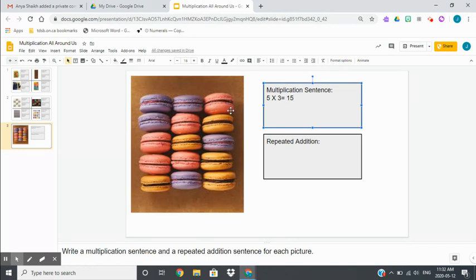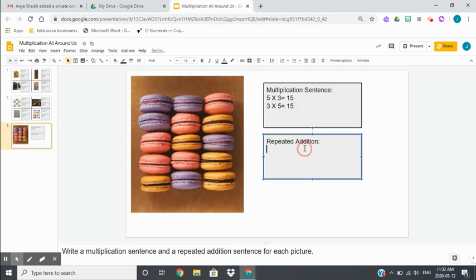I could also write it the other way, though. I could look at the columns and say we have 3 columns, and in each column there are 1, 2, 3, 4, 5 cookies, and so 3 groups of 5, or 3 columns of 5, would be 15. You can use this array to write either one of these multiplication sentences.